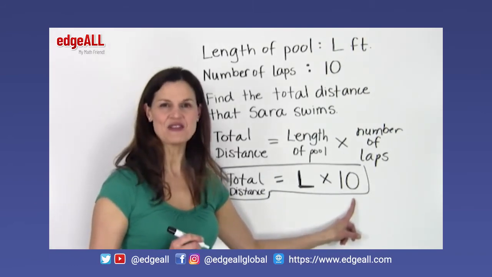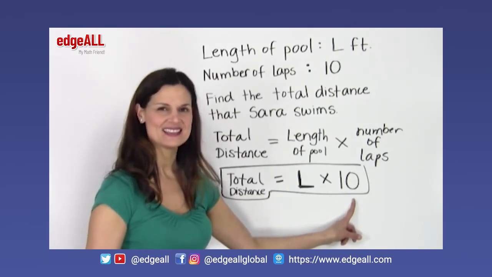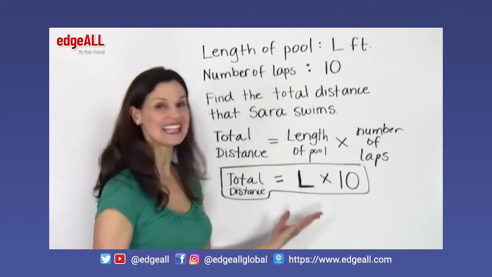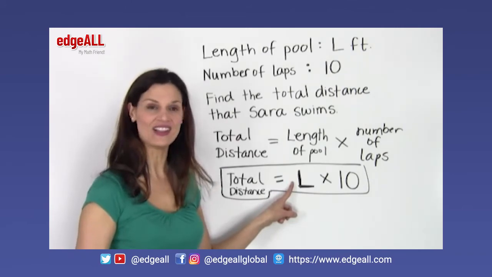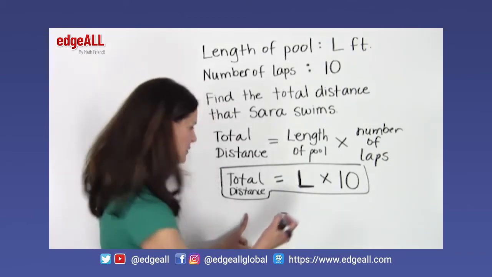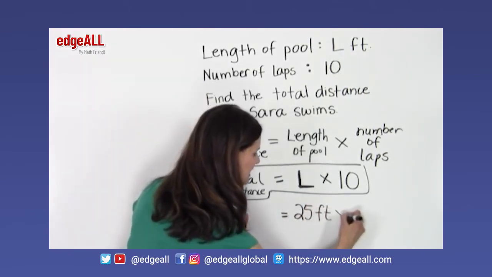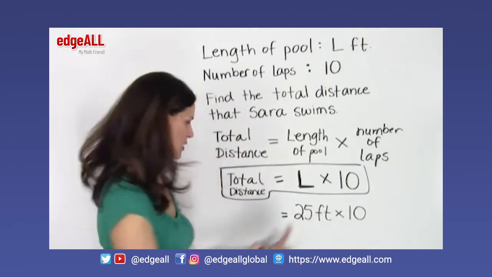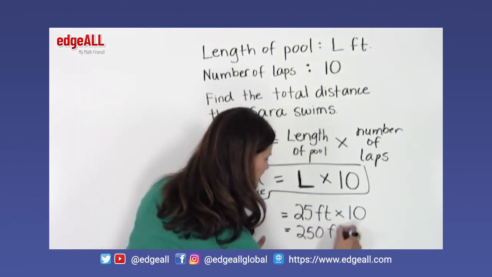Now later, if you find out that the pool that Sarah is swimming in is 25 feet, for example, then we would simply plug in 25 in the place of the letter L. And we would say that the total distance she swam, if the pool was 25 feet in length, was 25 feet times 10, which equals 250 feet.